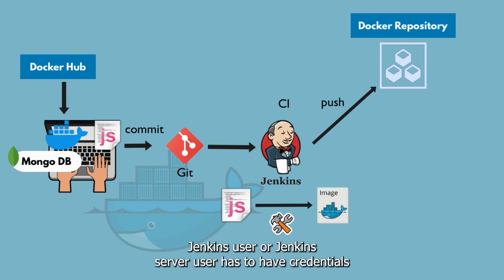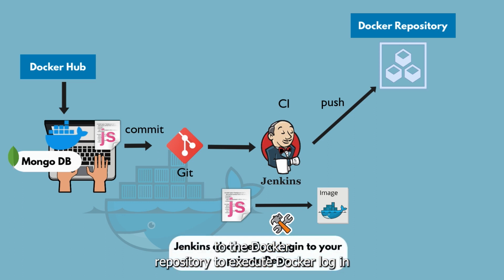And again, Jenkins user or Jenkins server user has to have credentials to the Docker repository to execute Docker login. Depending on the registry or repository, configuration will look different, and Jenkins needs to tag the image and then push it to the repository. And this is how it's done.